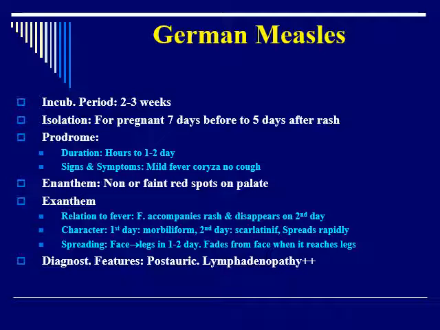Discrete means separate rash. Then it spreads over the trunk and extremities. By the time it appears on the trunk, it disappears from the face. It is a rapid spread and rapid fading. It takes about 3 days and fades without leaving any sequelae.